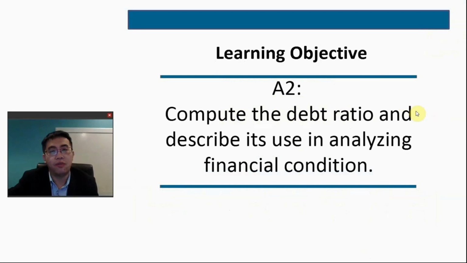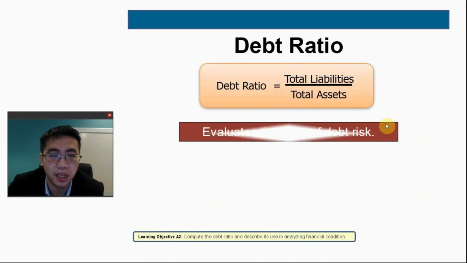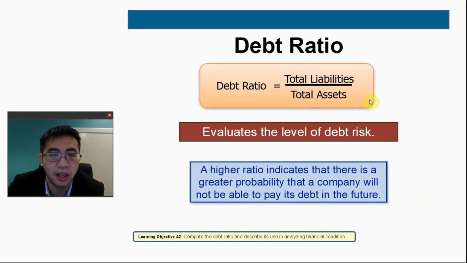Another ratio we actually did not study in chapter 2, and this is coming from chapter 2, is called the debt ratio. Debt ratio is total liabilities divided by total assets, and that evaluates the level of debt risk. If there are too many liabilities, you have too much obligation, and you have to pay a lot of money in the future, then that's definitely not a good sign for a healthy company in the financial aspect.